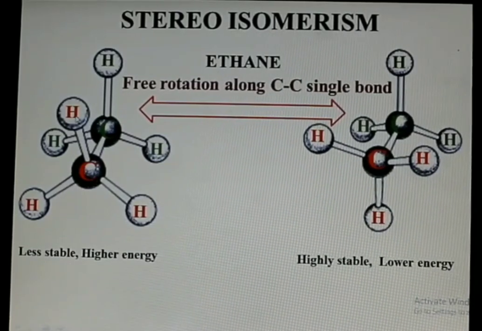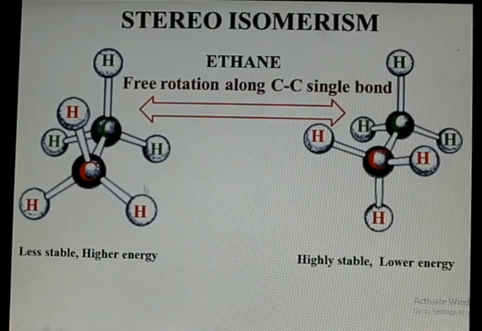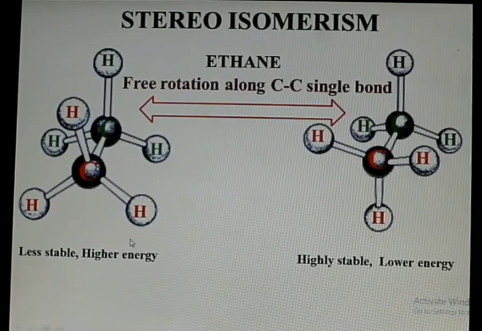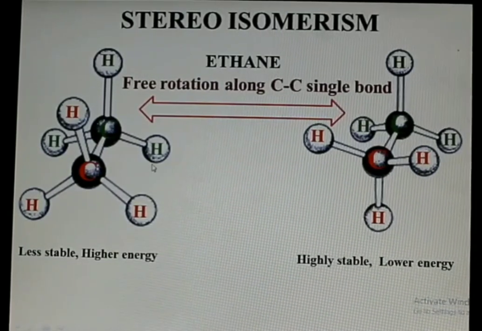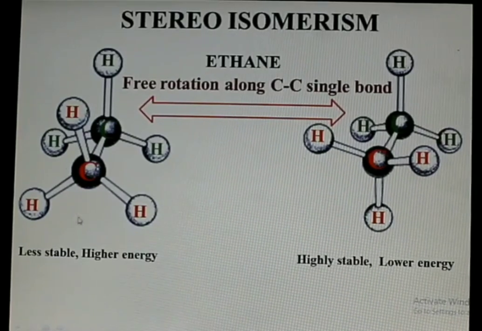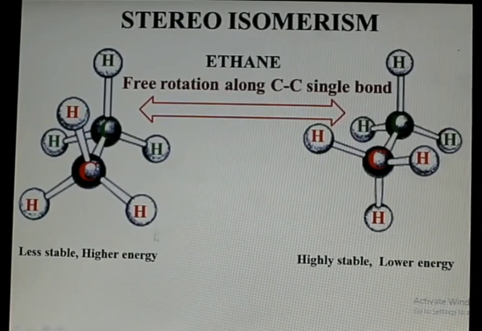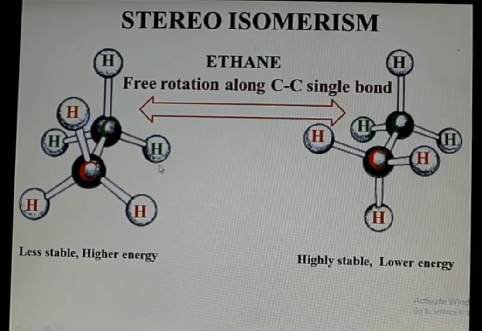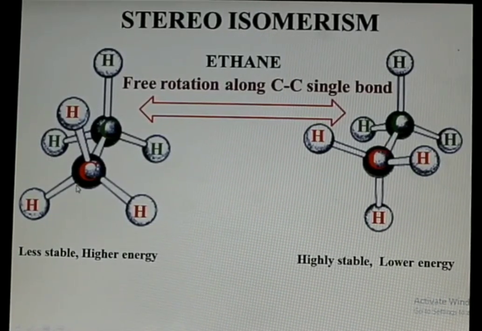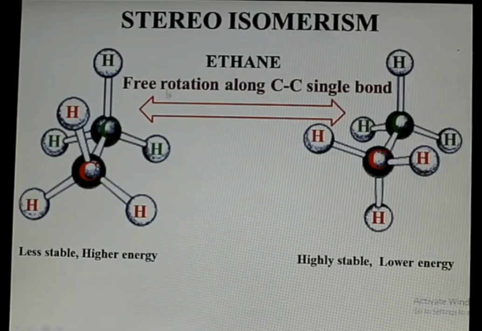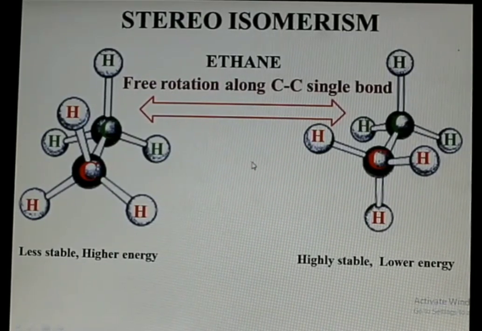But the front carbon, if you rotate it, for example in the clockwise direction, up to here, this hydrogen will come to here, this hydrogen will come to here, this hydrogen will come to here. So simply by rotating a carbon-carbon single bond, you can get this structure from that structure. These structures are obtained by free rotation along the carbon-carbon single bond.